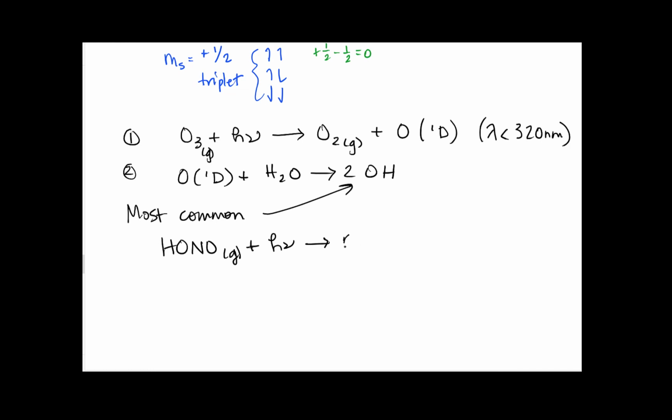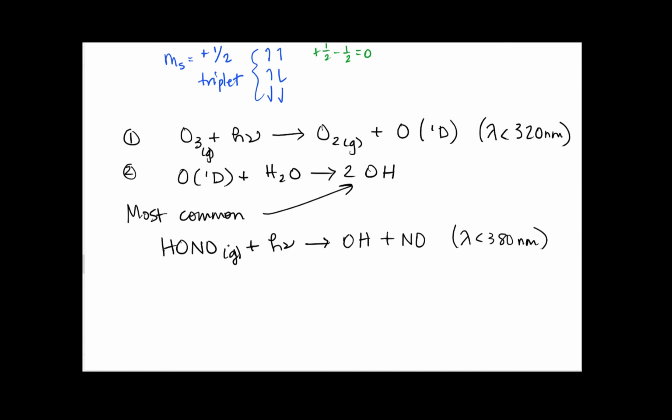And this reaction makes the hydroxyl and nitric oxide. Both of these are pretty reactive. So this happens at below 380 nanometers. So 380 nanometers is just shy of violet. In fact, some people probably can still see it. And so it's pretty easy to break down this nitrous acid when it's present.